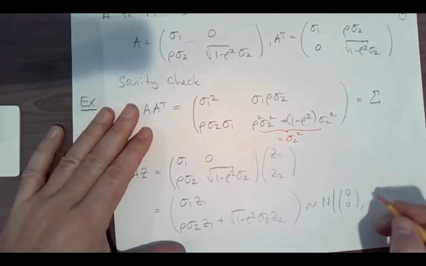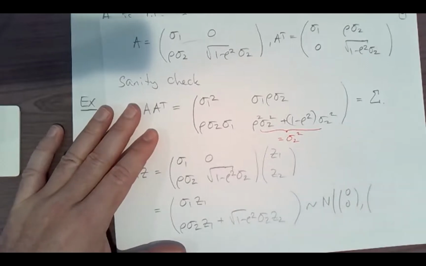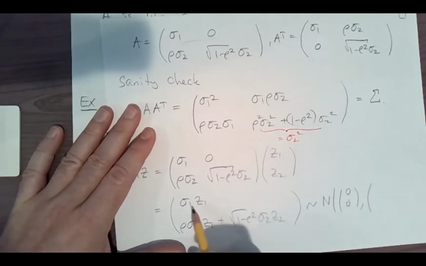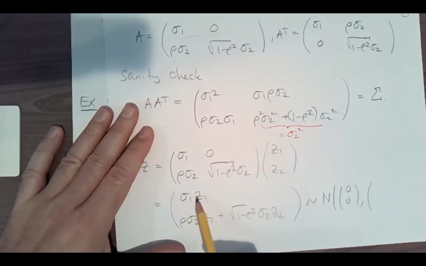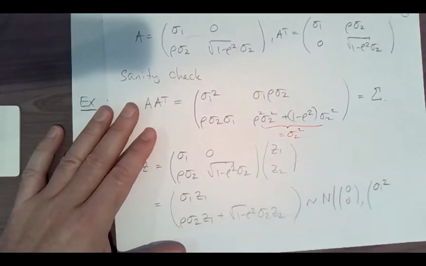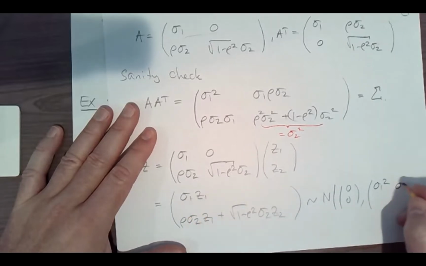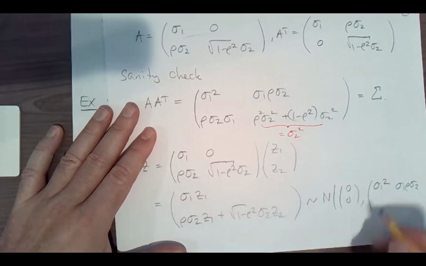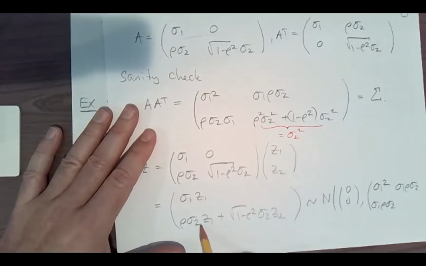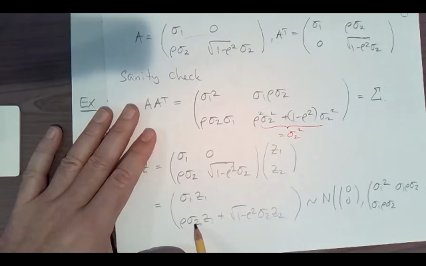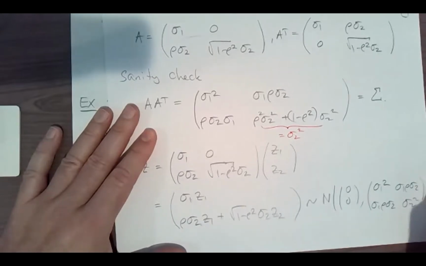And the variance-covariance matrix, when you compute it, will be: the variance of the first one, sigma 1 squared; then the covariance between them, sigma 1 rho sigma 2, and the same thing down here; and then the variance of the second one, where you get rho squared sigma 2 squared, this will cancel out again, and you will end up with sigma 2 squared.